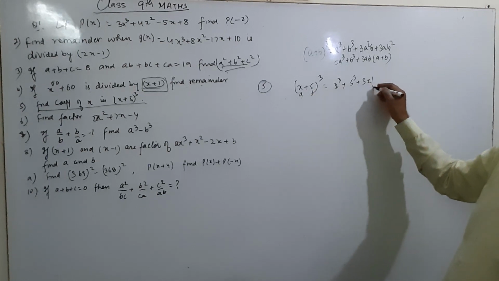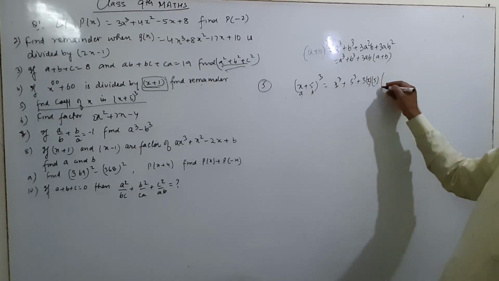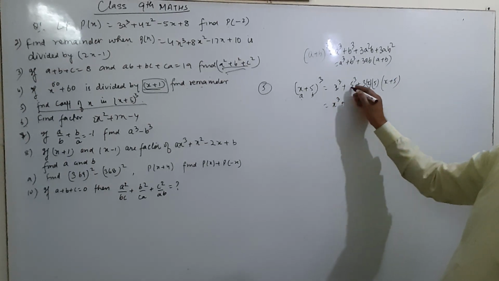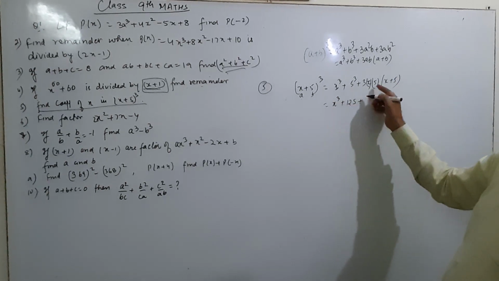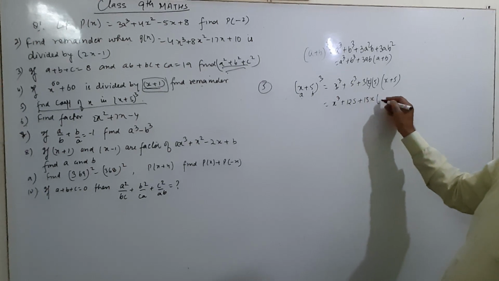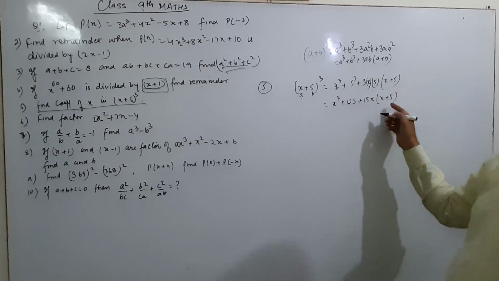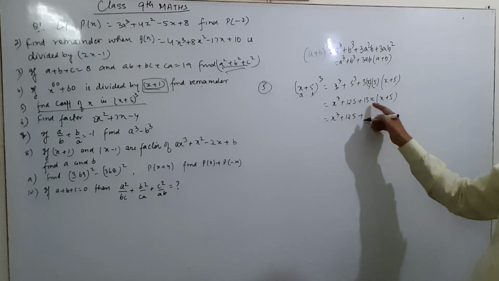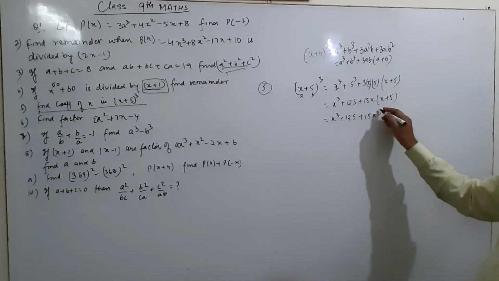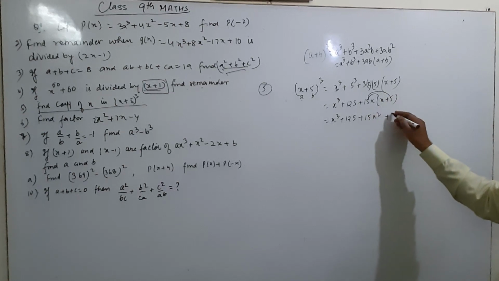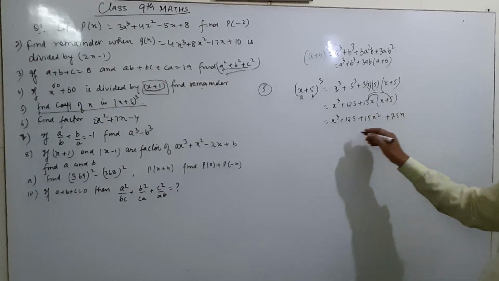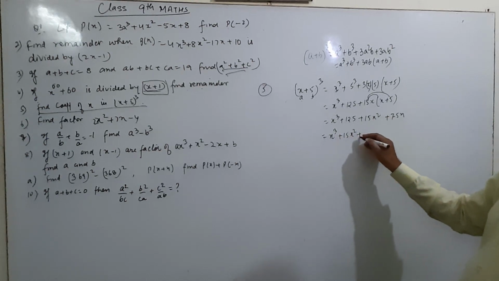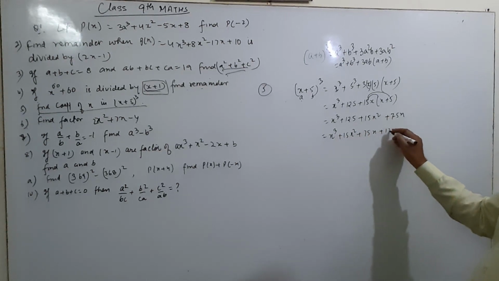A is x, b is 5. So x cube plus 5 cube, 125, plus 3 into 5 is 15x into x plus 5, open bracket. Now you do yourself. 15x square, 5 into 15 is 75x. In standard form, x cube plus 15x square plus 75x plus 125.